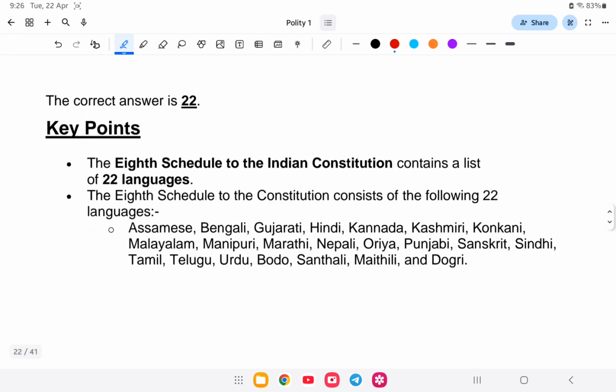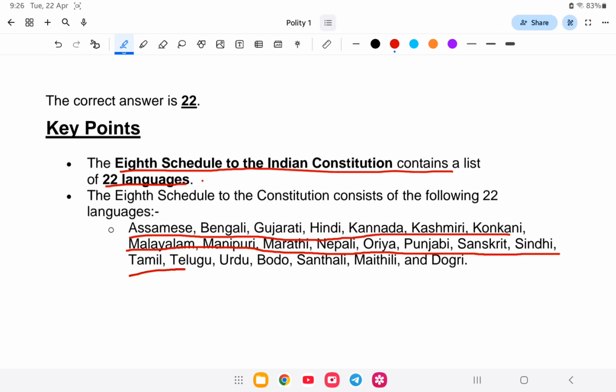The 8th Schedule contains a list of 22 languages: Assamese, Bengali, Gujarati, Hindi, Kannada, Kashmiri, Konkani, Malayalam, Manipuri, Marathi, Nepali, Odia, Punjabi, Sanskrit, Sindhi, Tamil, Telugu, Urdu, Bodo, Santali, Maithili and Dogri. So 22 languages are under the 8th Schedule.